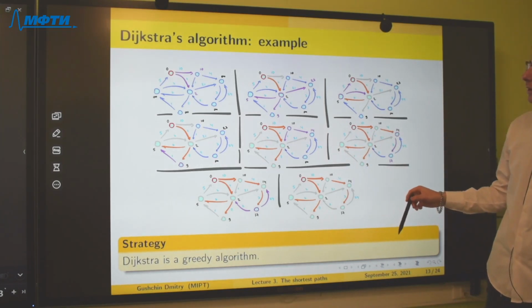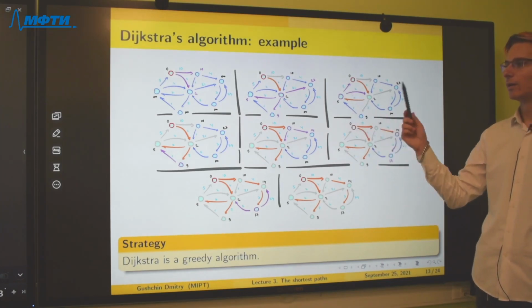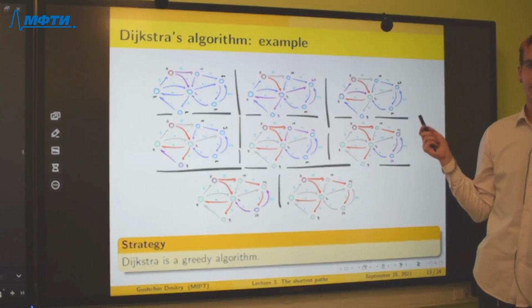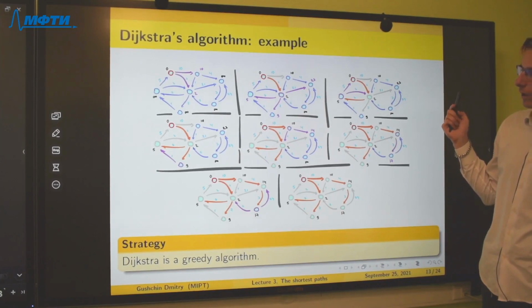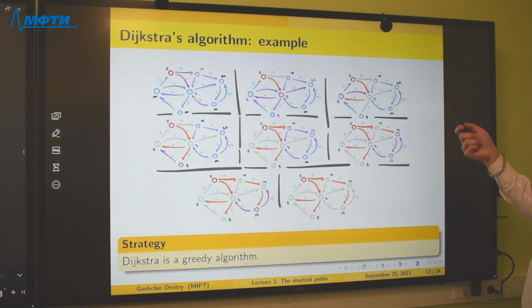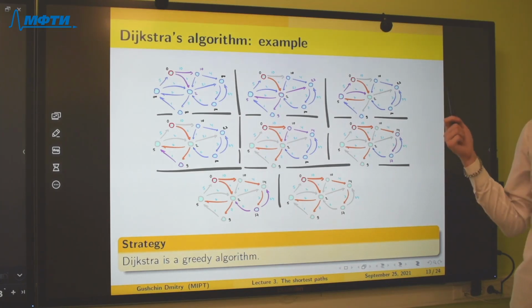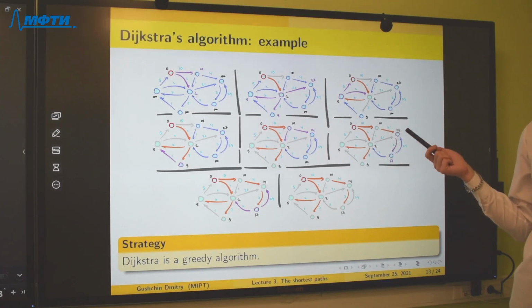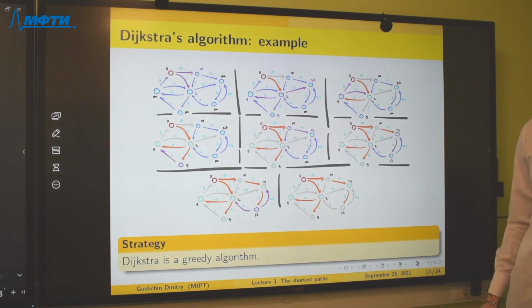So, of course, you can see that this graph contains only positive weights on its edges. And of course, Dijkstra's algorithm has the main disadvantage that it works only for graphs with positive weights on the edges.